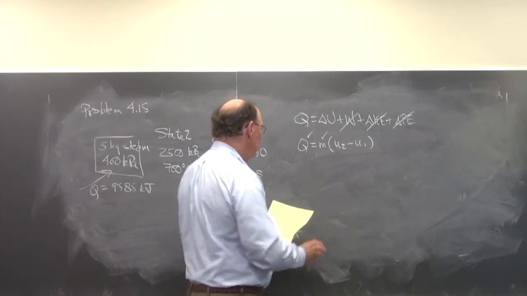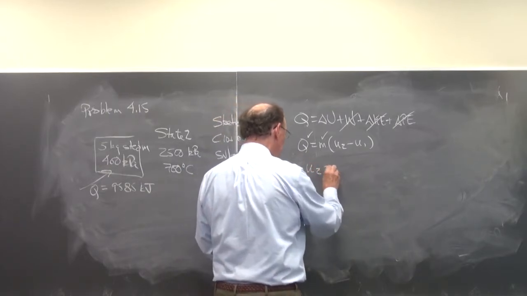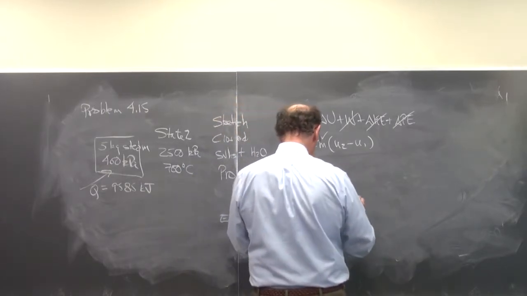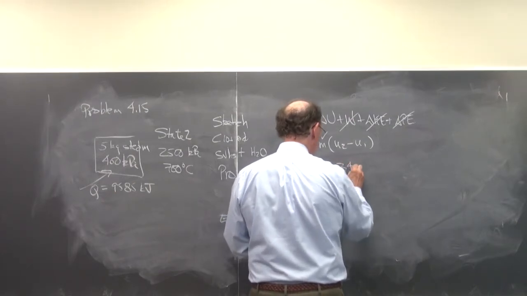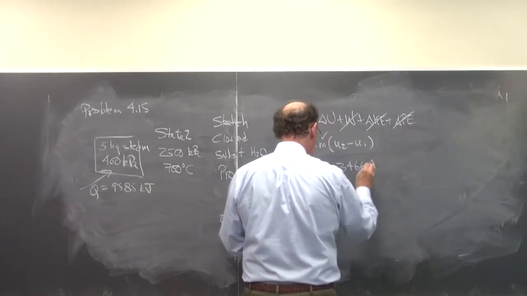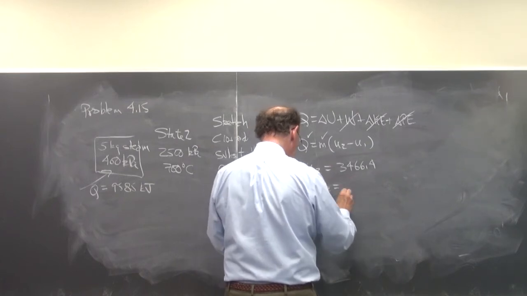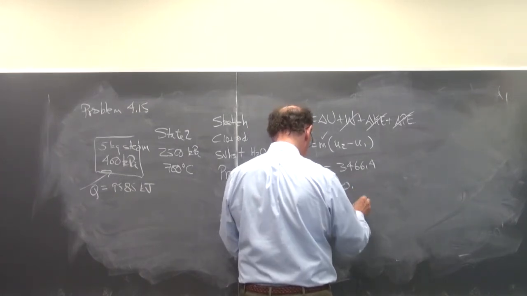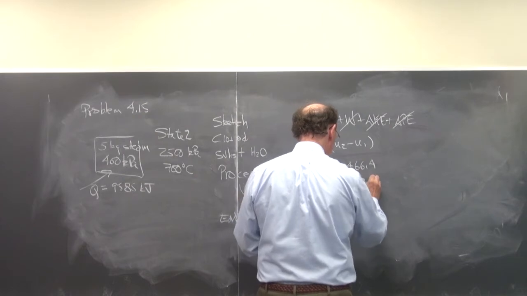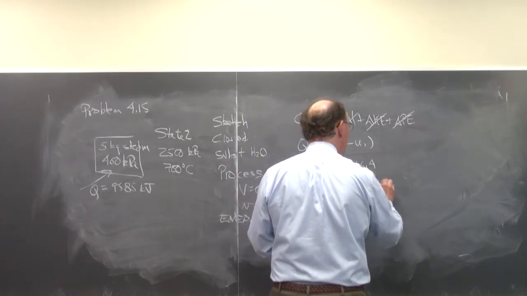I know U2, I can look it up. So U2, it's superheated. I have 3466.4, and I have the specific volume at 2 is equal to 0.17824.